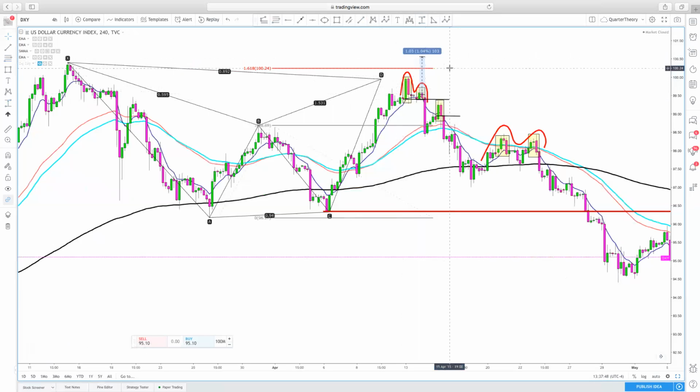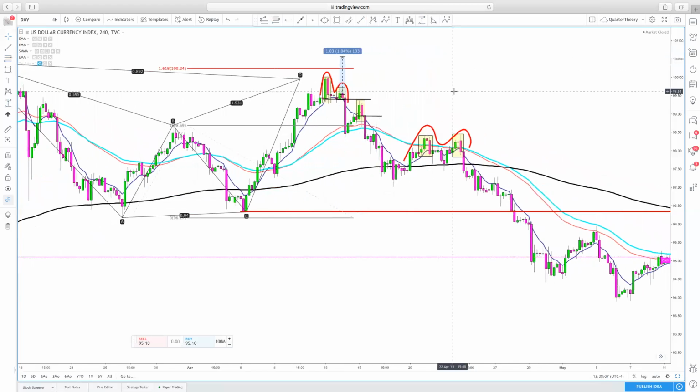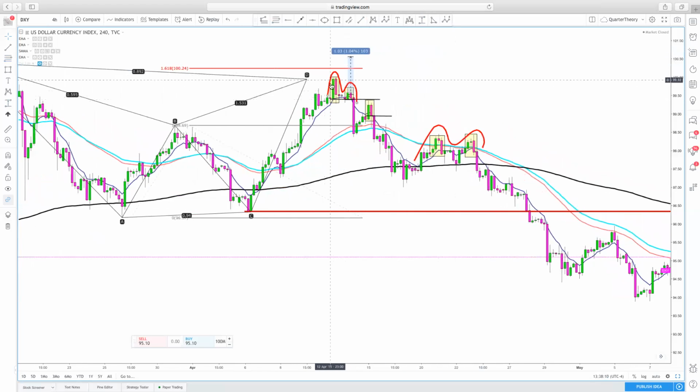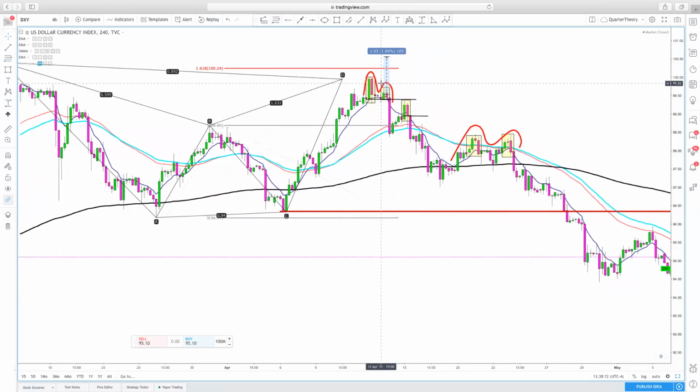You want to be able to get into the trade, give the market room to breathe, and at the same time be able to walk away and feel comfortable knowing that you are safe in the market. Let's just say that, okay? And so what's going on is that you've seen the situation here.